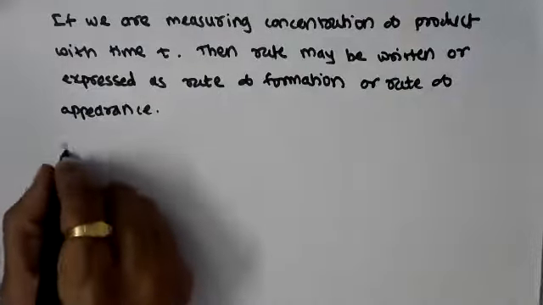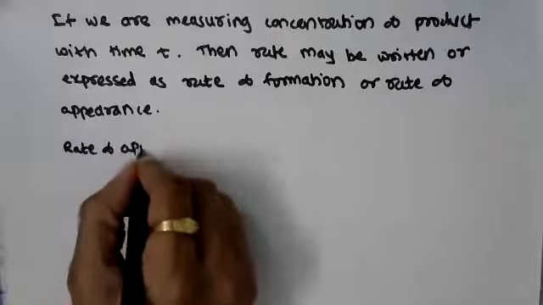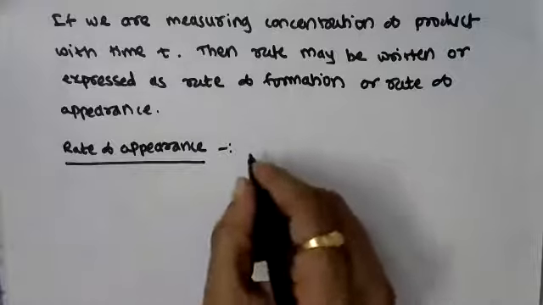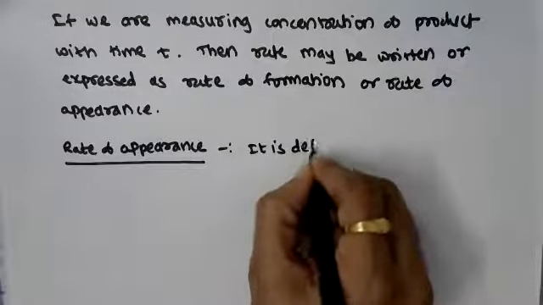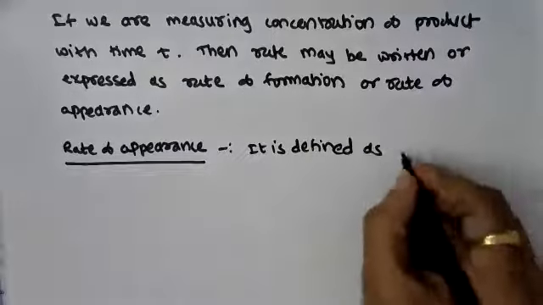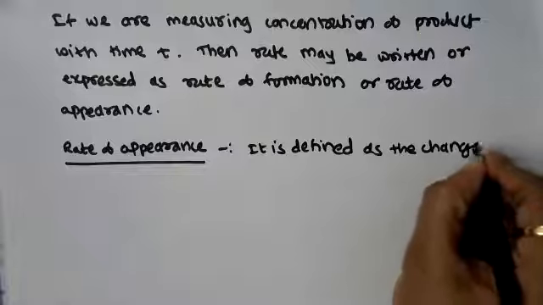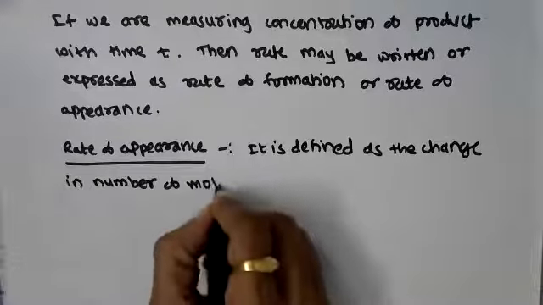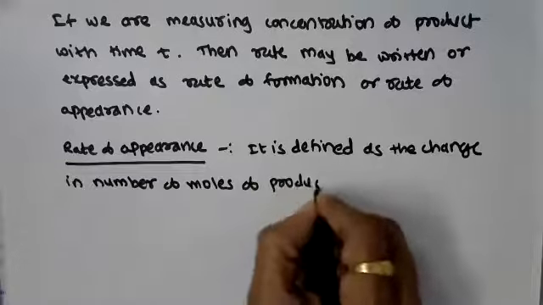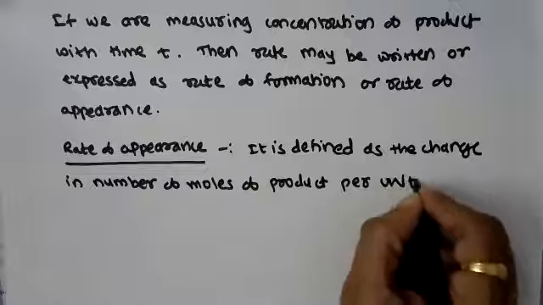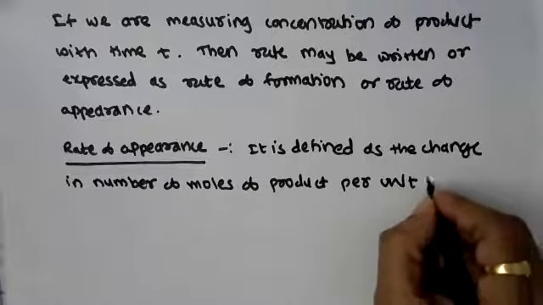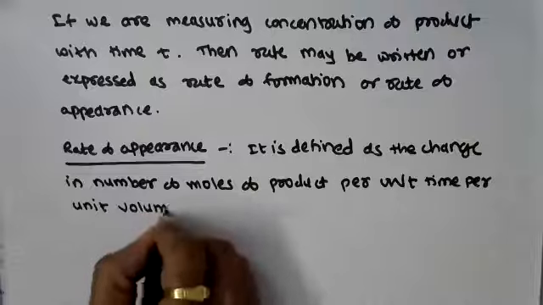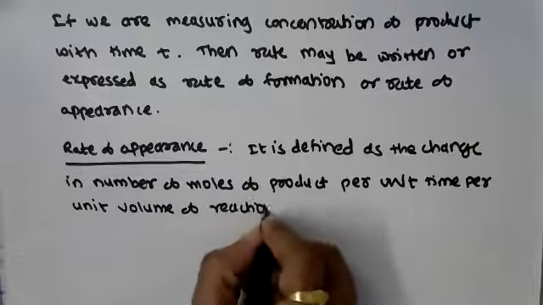So let us define rate of appearance. It is defined as the change in number of moles of product per unit time per unit volume of reaction mixture.